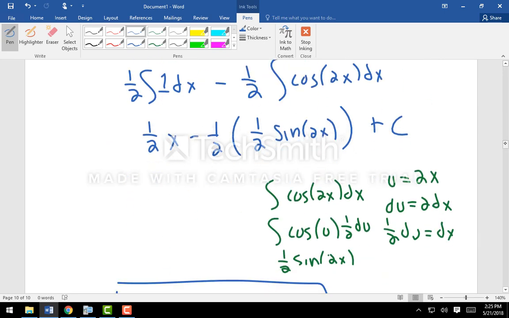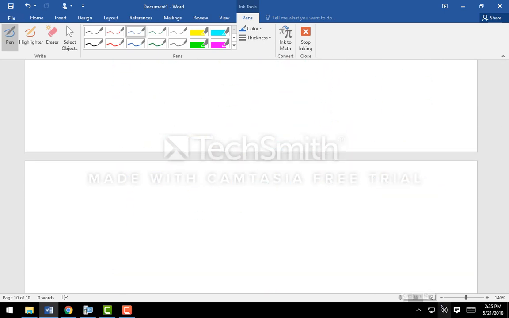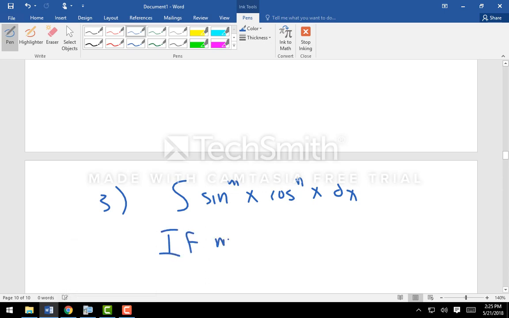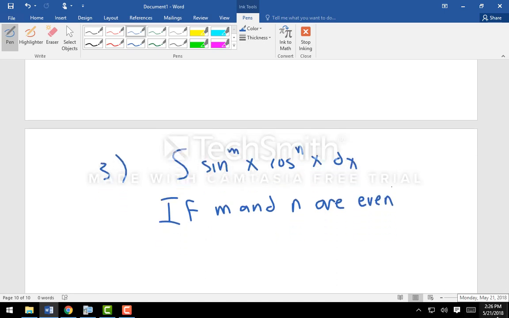So the third strategy, strategy number 3, for the integral of sine to a power, cosine to a power: if both are even, if m and n are even, then we're going to use the half angle, like we talked about.